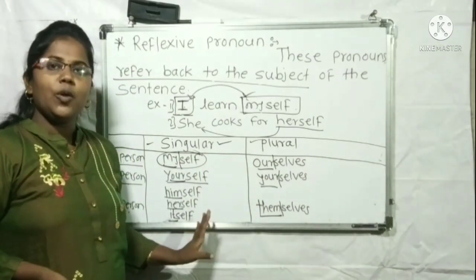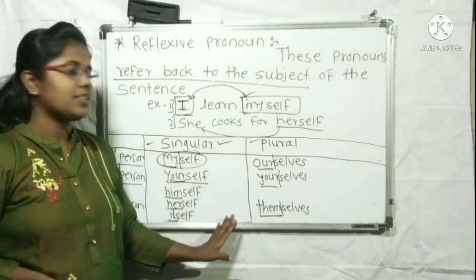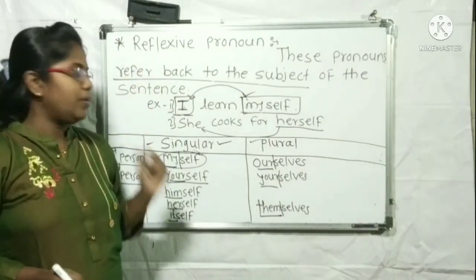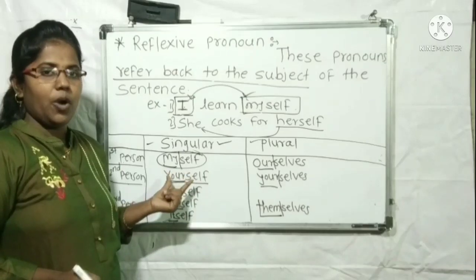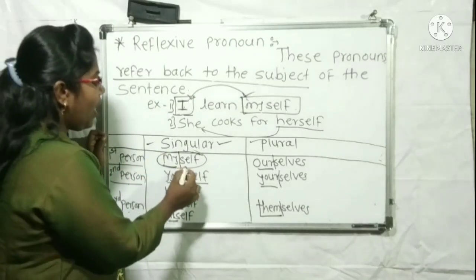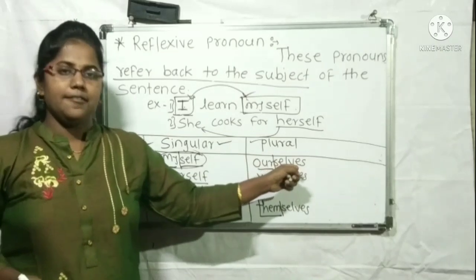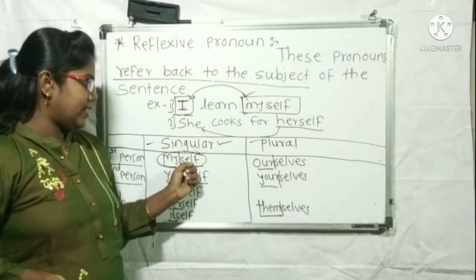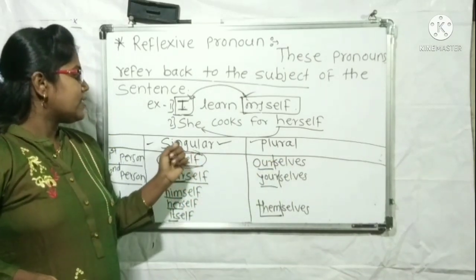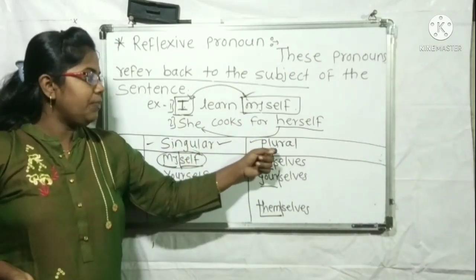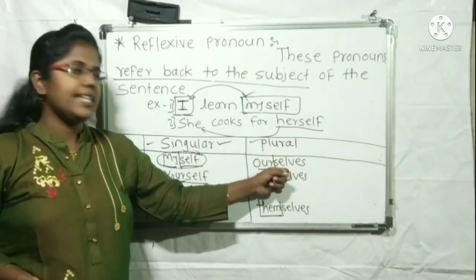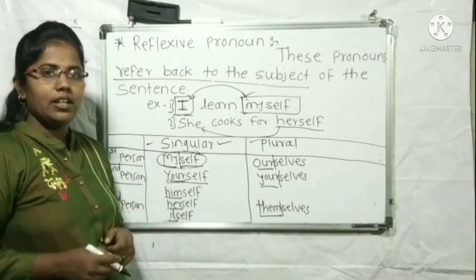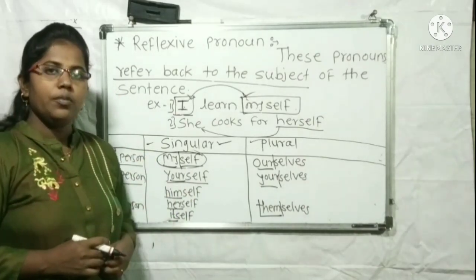All these are objective personal pronouns. So if you have to remember reflexive pronouns, first remember the objective personal pronouns, and then you just add self or selves. How will you decide whether to use self or selves? It depends on singular or plural form. If it is plural, you add selves, and if it is singular, you add self. That's it. This is all about the reflexive pronoun.